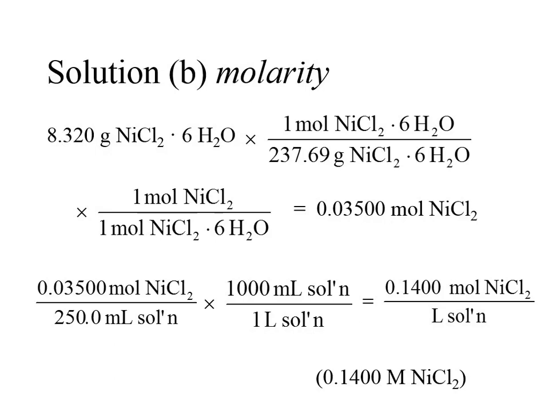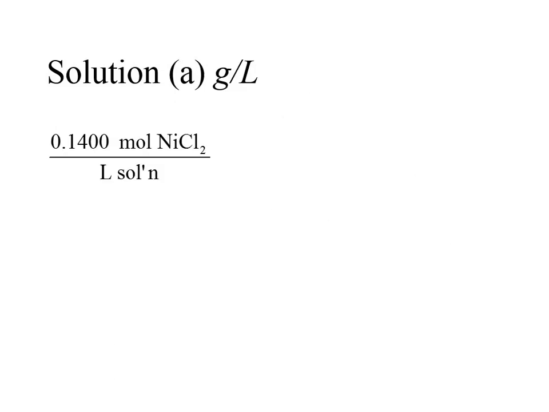And then it's not too bad, since I have moles of NiCl2 per liter of solution, I can get to grams of NiCl2 per liter solution using the molar mass of NiCl2, which we had before. So if we piggyback to get A from B, it looks like this, where we just introduce the molar mass of the NiCl2.